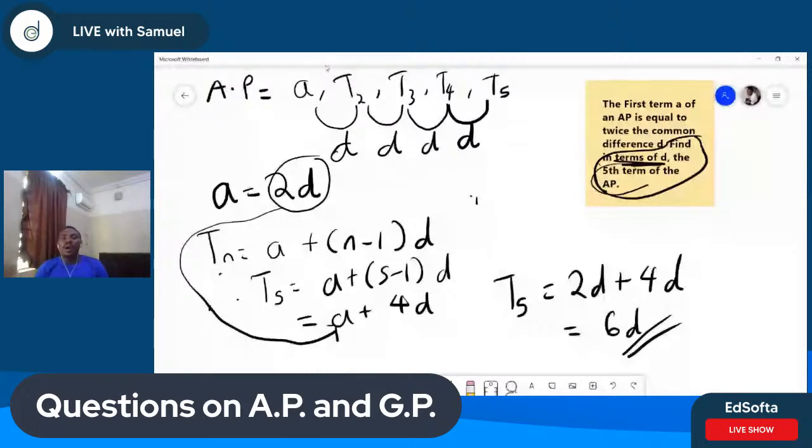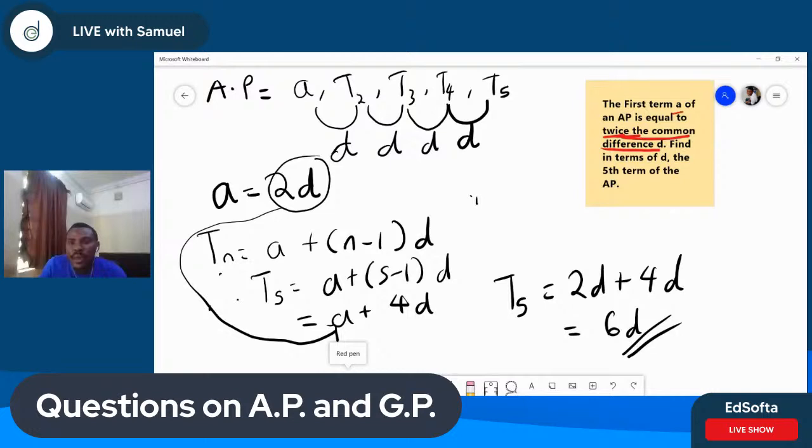The first term of an AP is equal to twice the common difference.